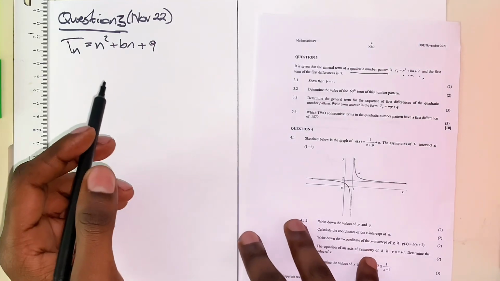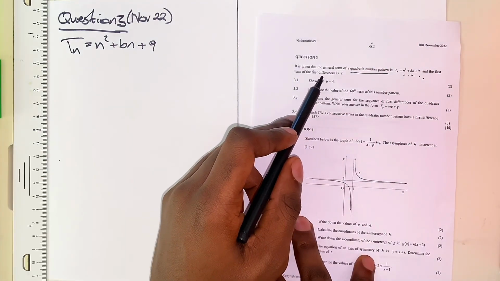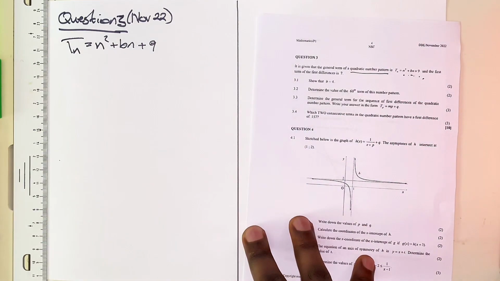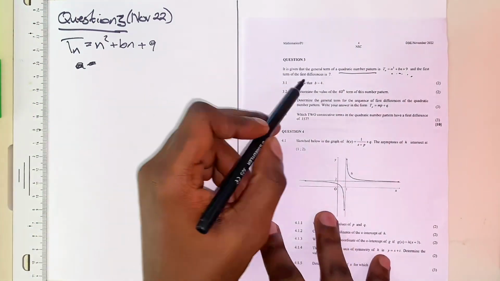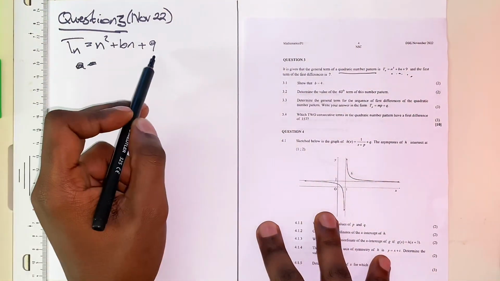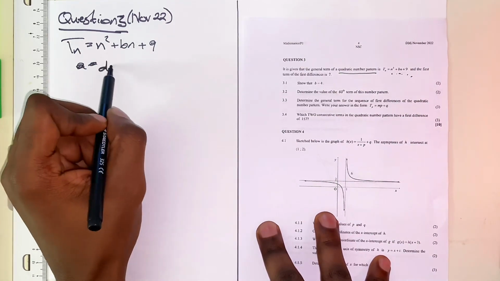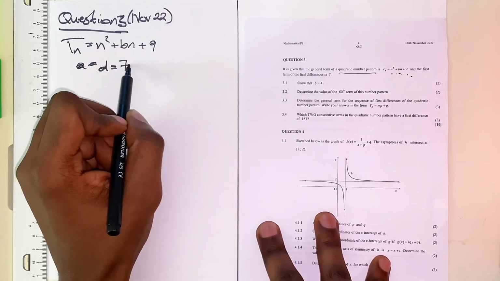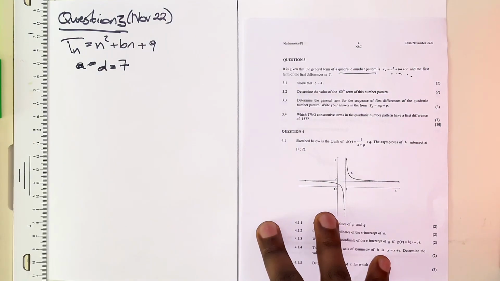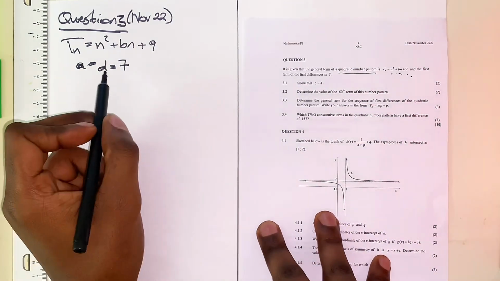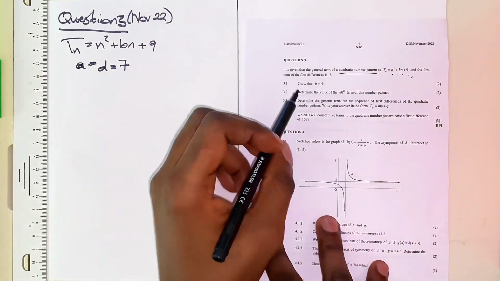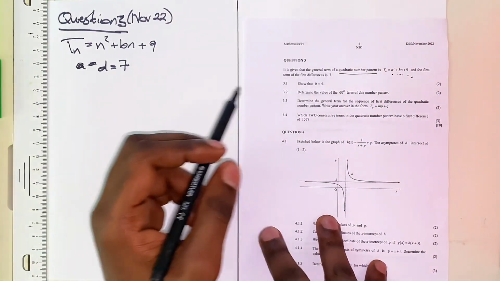And we also know that the first term of the first difference is 7. Remember that the first difference of a quadratic sequence is arithmetic. Now, I'm just calling it D here. I'm not saying that it is the common difference.